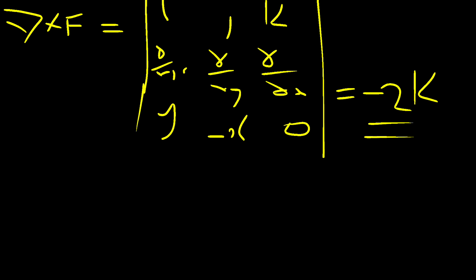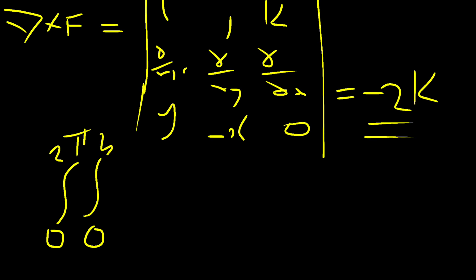Now we take this dot dS. This runs from 0 to 2 pi because of the projection, and r runs from 0 to 3, the radius.